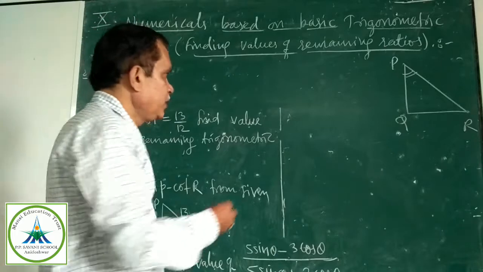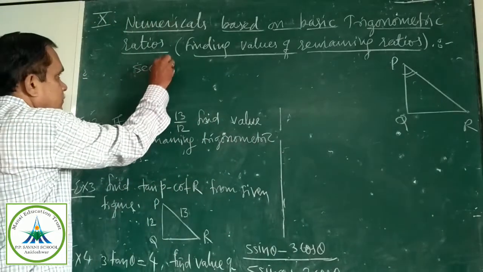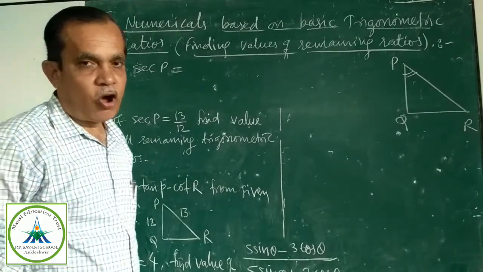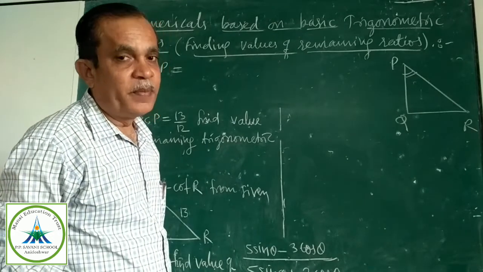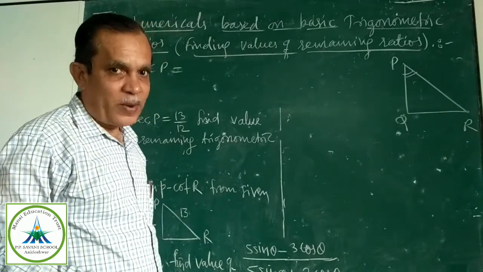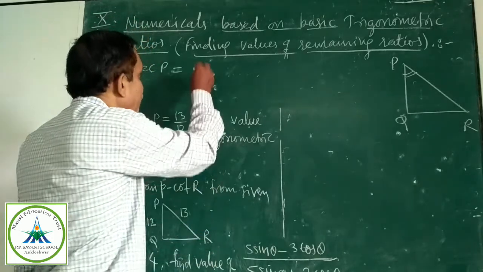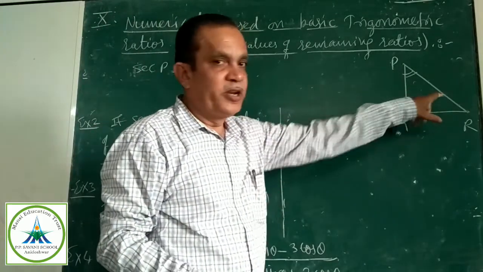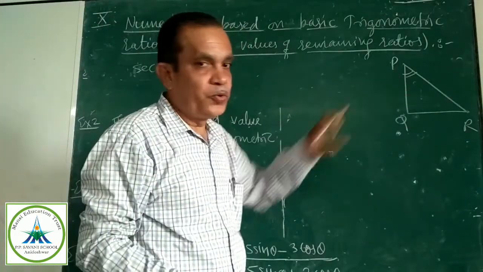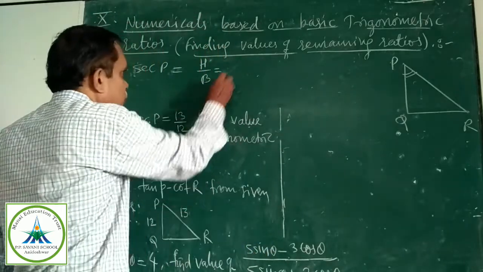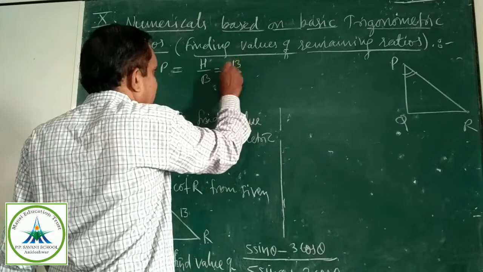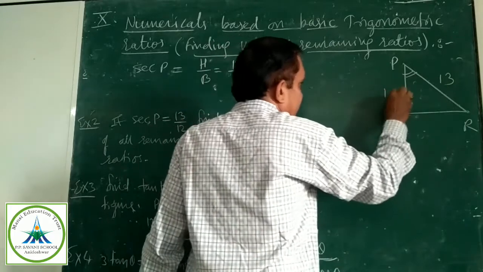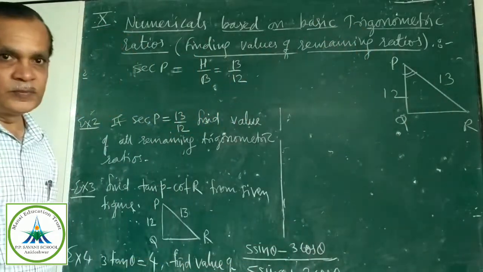Now you know the formula of sec P. Sec is reciprocal of cos. Cos is what? Base upon hypotenuse. So sec is hypotenuse upon base. Now for this, hypotenuse is PR and base is PQ. So you are given the ratio 13 upon 12: hypotenuse 13 and base 12. Can you find the third side?